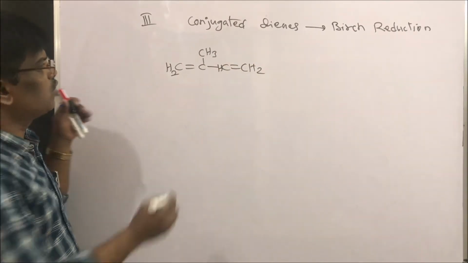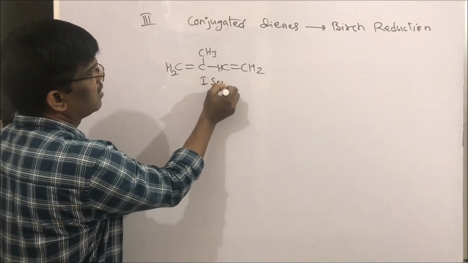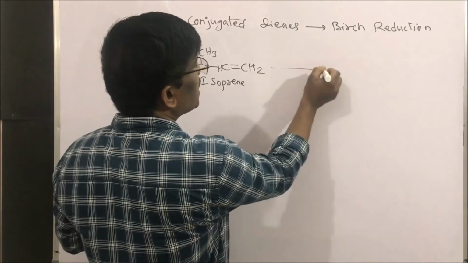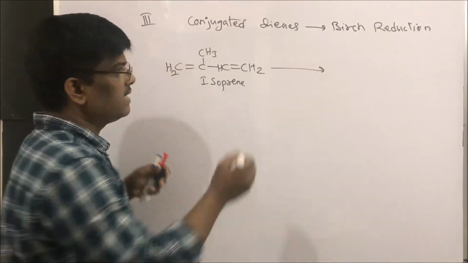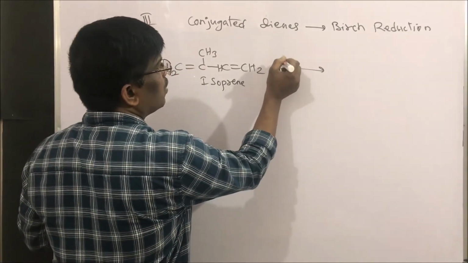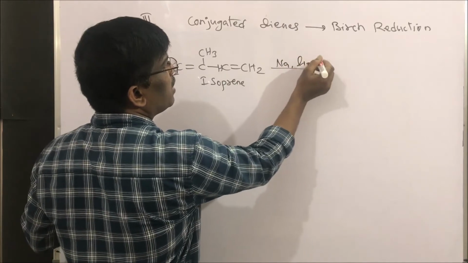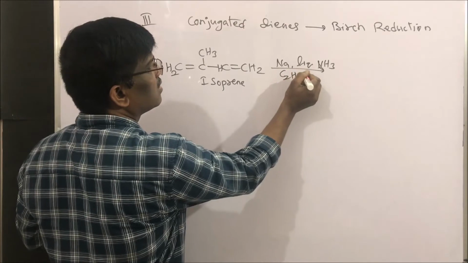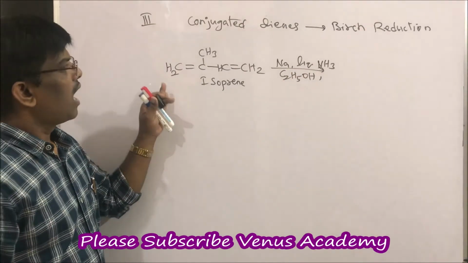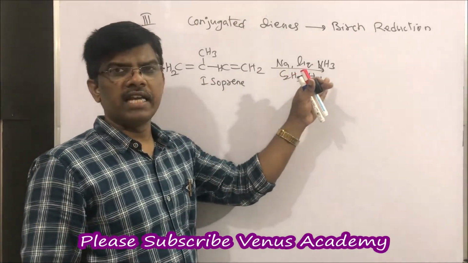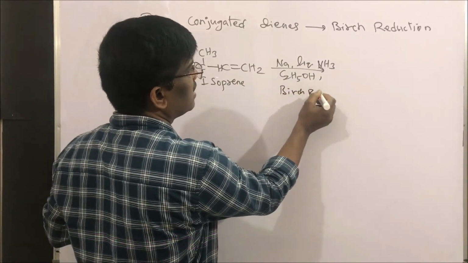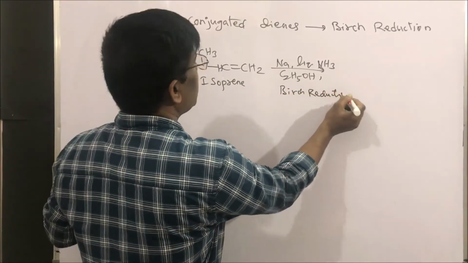So isoprene in the presence of Birch reduction, what are the reagents? Yes, let us take sodium, liquid ammonia in ethanol. So isoprene in the presence of sodium and liquid ammonia, Birch reduction. What is happening?